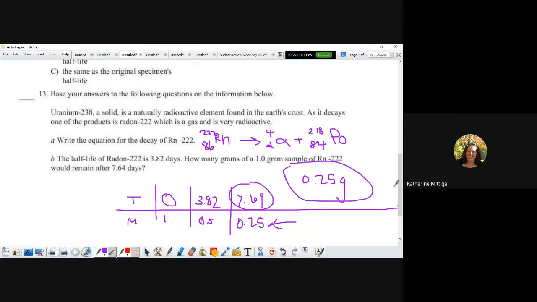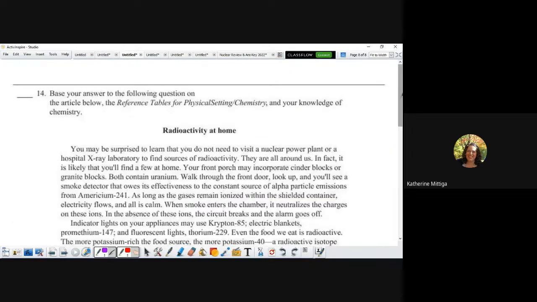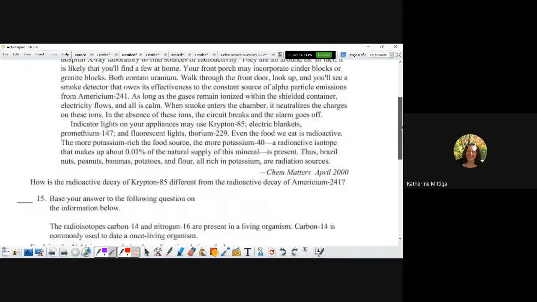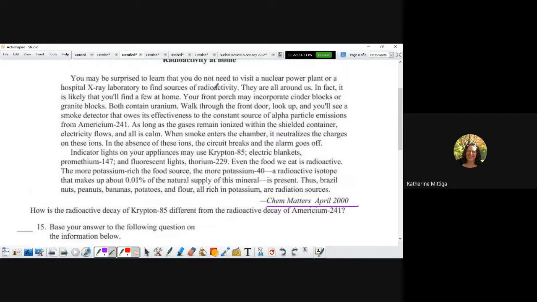All right, so you've got to read this whole thing. How is the radioactive decay of krypton-85 different than the radioactive decay of americium-241? It's from Chem Matters. Okay, so the decay of krypton-85, let's see.